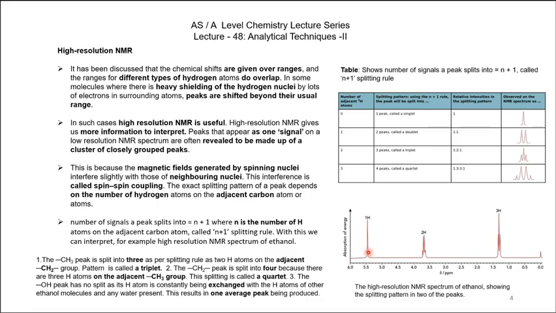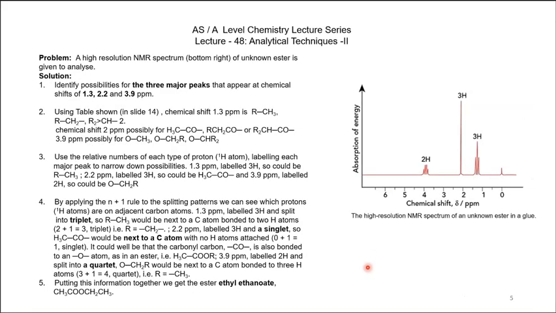Okay, we'll go for the next one. This is a problem. We got an NMR spectrum, and it is said to be an ester, and we have to identify which ester it is.